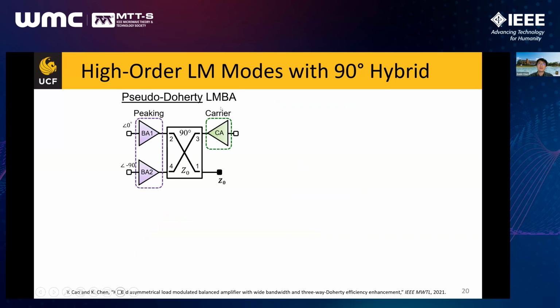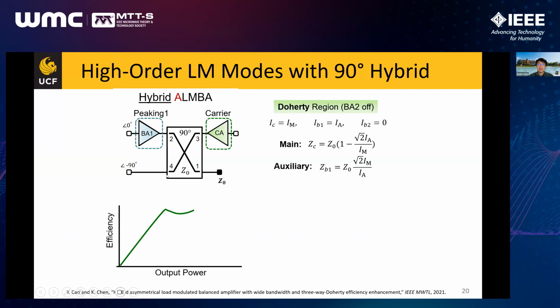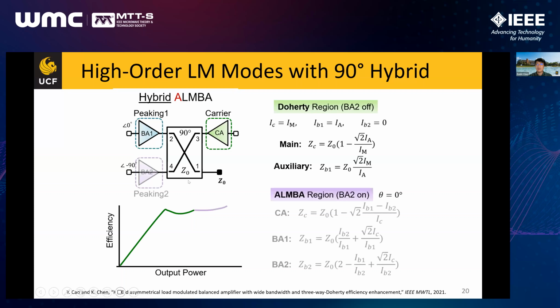Another high-order load modulation mode can be derived from this pseudo-Doherty LMBA, or PD-LMBA, where we set the control amplifier as the carrier and BA1, BA2 as the primary and secondary peaking. Similarly, the operation can be divided into two regions: the Doherty region with the carrier and the first peaking, and the LMBA region with the secondary peaking turned on.